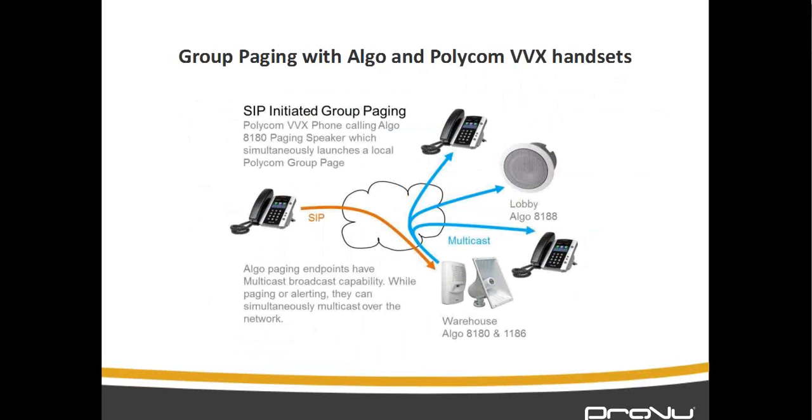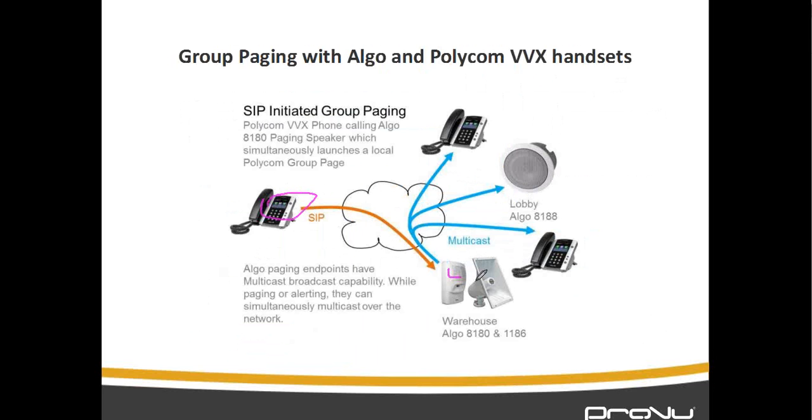The main SIP speaker, which is this one, makes a SIP call to the Algo. Then the Algo becomes a master system and distributes audio using multicast to all other endpoints.